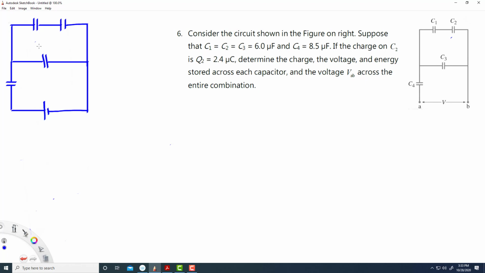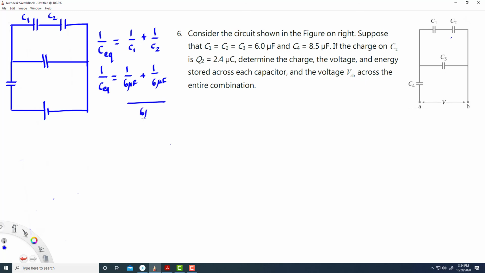Okay, so that's that. Now we need to first combine C1 and C2. So the combination of C1 and C2, they are in series. We need to use this formula. 1 over C equivalent is given by 1 over C1 plus 1 over C2. C1 is 6 microfarad, C2 is also 6 microfarad.